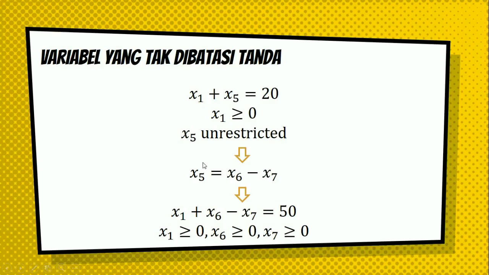So we need to change x5 to become x6 minus x7 because x5 is unrestricted. So x5 is replaced with this new expression. So it becomes x1 plus x6 minus x7 equal to this constraint, with x1 greater than 0, x6 also, and x7 greater than 0. Okay, next slide.